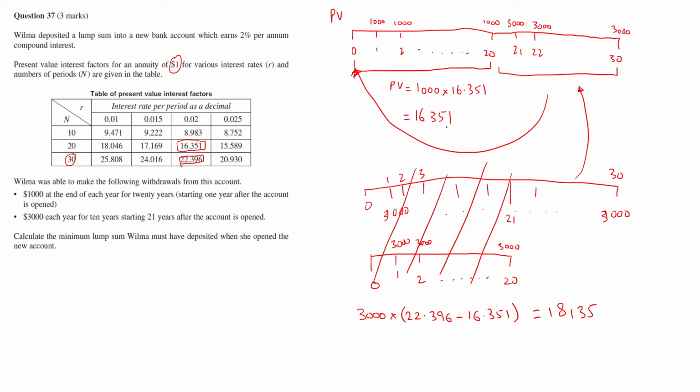All we now need to do is sum these two up, and that would be the value of all of this present value at time 0. So present value would be 16,351 plus 18,135, which would be equal to 34,486.